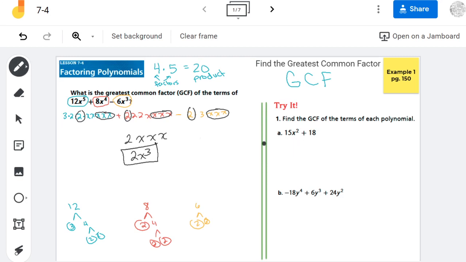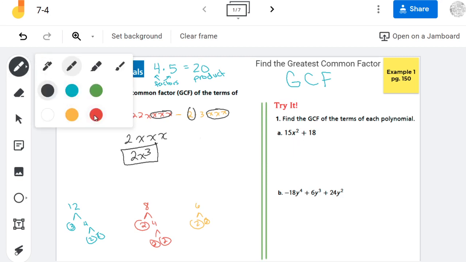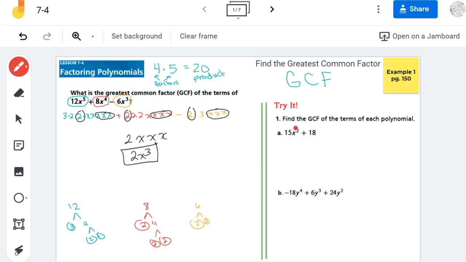Now I'm going to try it with the try it, okay? Again, sometimes you don't really need a factor tree. For example, 15x squared, I know that 15 is 3 times 5. I tend to be kind of lazy. I don't usually expand the x's. I just look for the smallest number of them, okay? Now let's look at 18. 18 you might need the factor tree for.